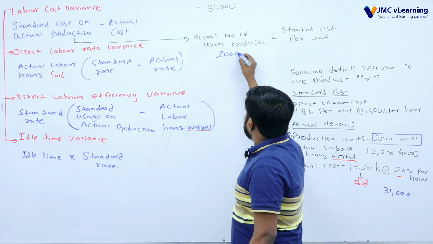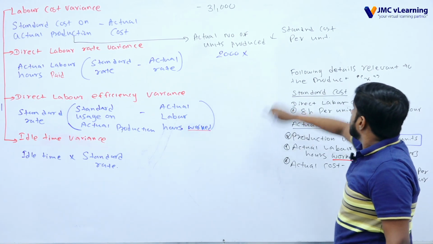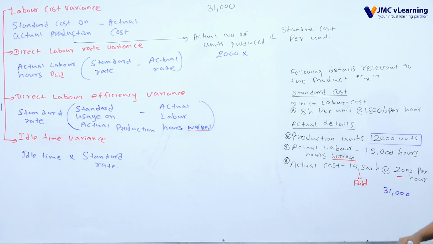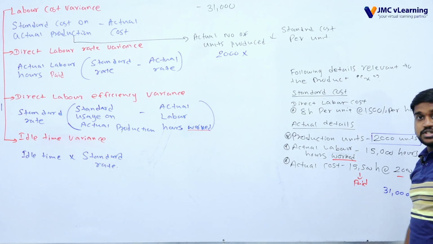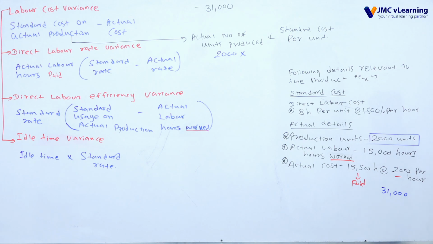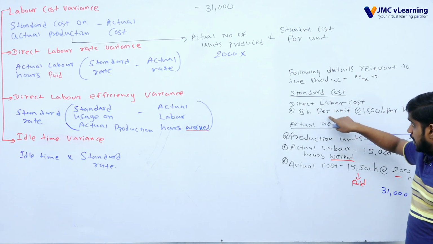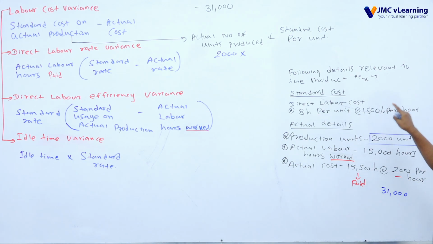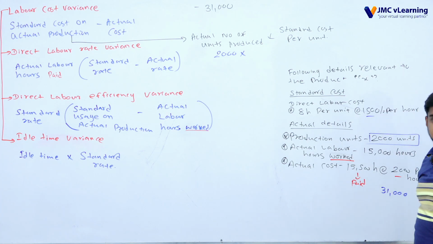Then we multiply 2000 units by the standard cost per unit. How about our standard cost per unit? When we come to our standard cost details, they say they utilize 8 hours per unit, and the per hour rate is 1500.